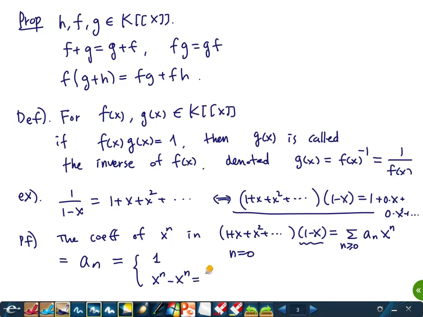So this is going to be 0 if n is greater than 0. That means an is 1 or 0, 1 if and only if n equals 0. That is exactly the same as this. Does this make sense to you?